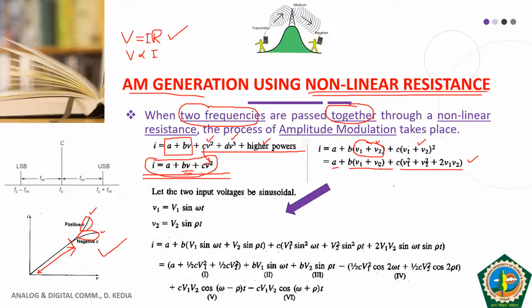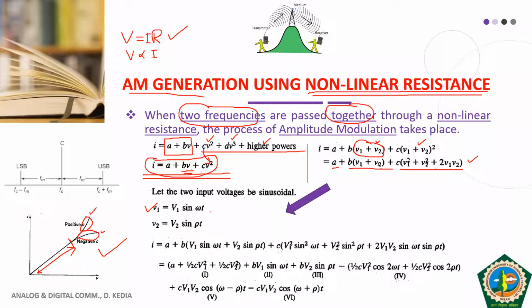In modulation we need two signals: one is the modulating signal and another is the carrier signal. So we take V1 as one frequency, V1 sine omega t.